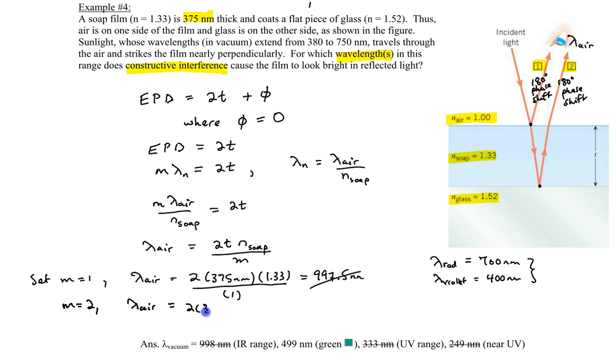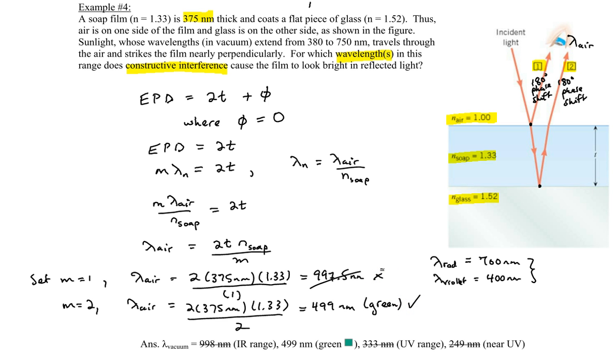We have 2 times 375 nanometers times 1.33, now divided by 2, and you get 499 nanometers, and this is green. So great, we see that one, that works. The other one didn't work.